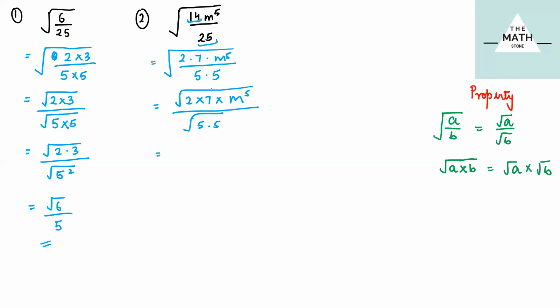Now we'll group the perfect squares. Here you have m raised to 5, which means m times m times m times m times m. I'm going to group the 4 m's together, and then 2 times 7 times m, this m is remaining, over square root of 5 squared.